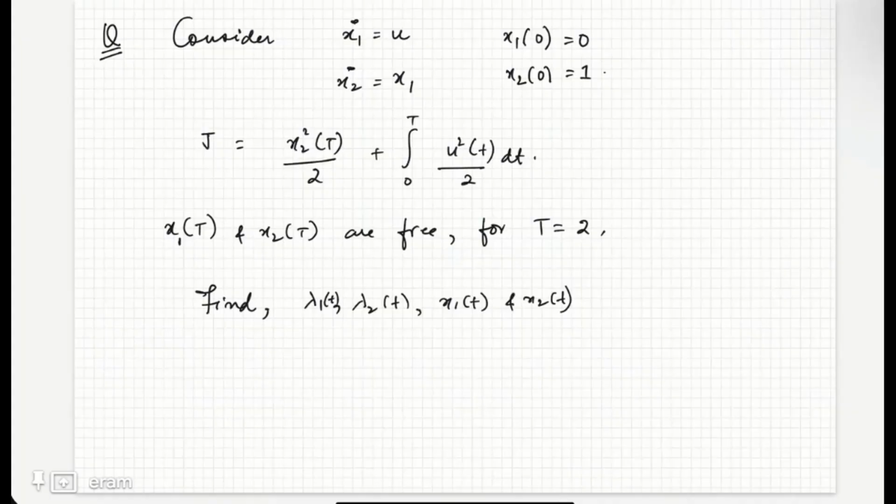So for this problem, let's first formulate our Hamiltonian.